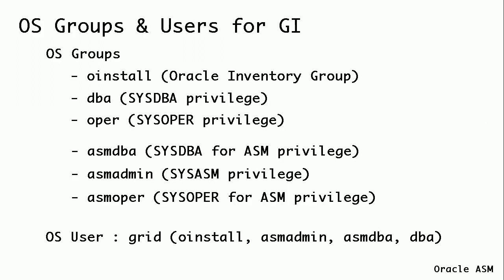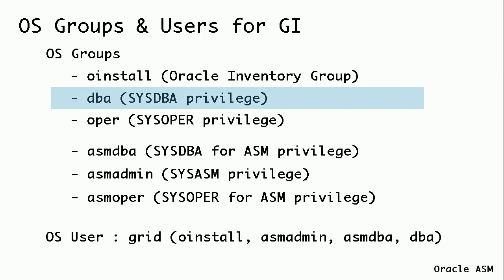Now, let us review operating system groups and users required for Oracle Grid Infrastructure software installation. Install group is the Oracle inventory group. Users in this group are privileged to install and upgrade Oracle binaries.